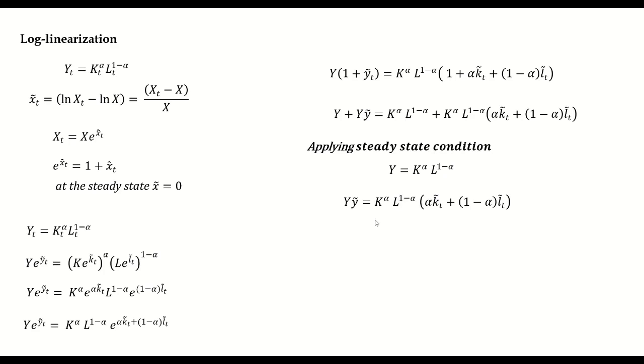We can cancel these terms, y with k raised to the power alpha l raised to the power 1 minus alpha. So we will have yt tilde equal to alpha kt tilde plus 1 minus alpha lt tilde.